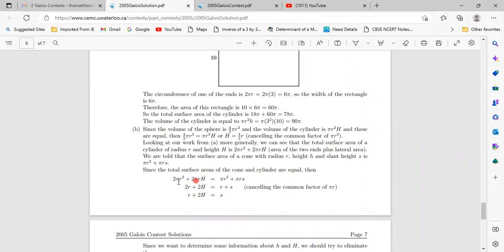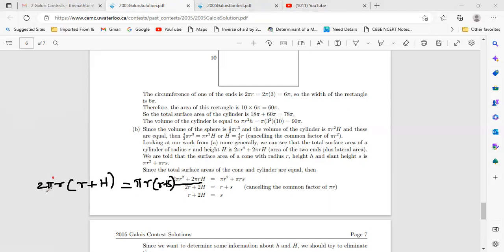This is the surface area of the cone, 2 pi r square plus 2 pi r h. And for the surface area of the cylinder, it's pi r square plus pi r into s. So we have to simplify this relation. You can take 2 pi r as common from the left side, and you will be left with r plus capital H. From the right side, you can take pi r, and you will have r plus s.